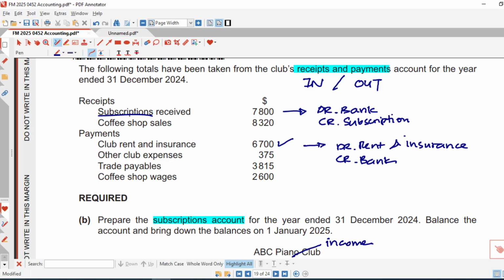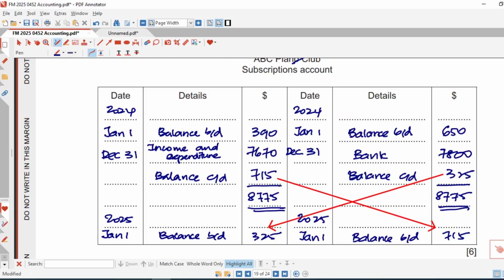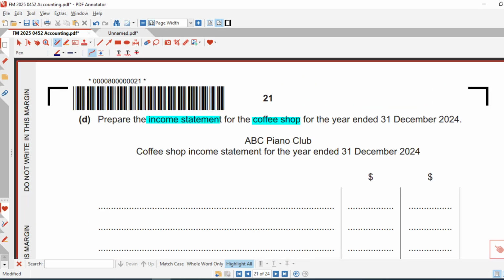Let's go back up to find that. There you go. Coffee shop sales, we have 8,320. Let's bring that in. So I have my revenue of 8,320.